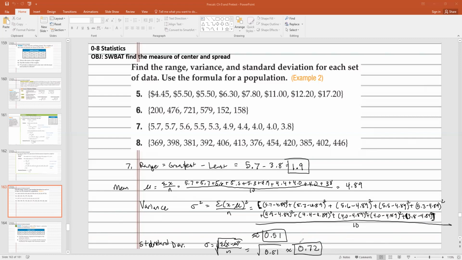I got 0.716 because I put 0.51289. And so I got 0.716. So I just rounded up. So 0.72. And that's it. All right. So we are going to stop there.